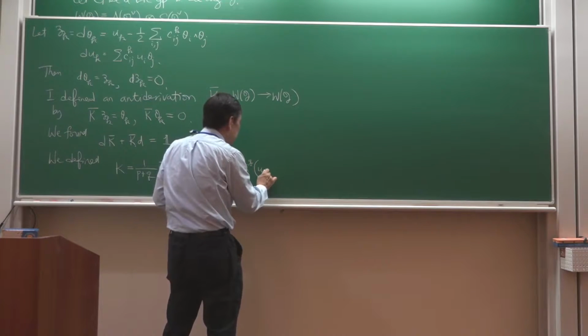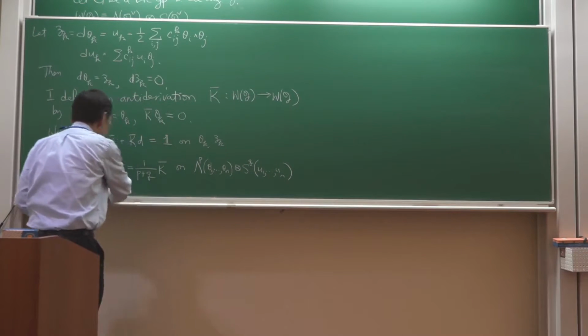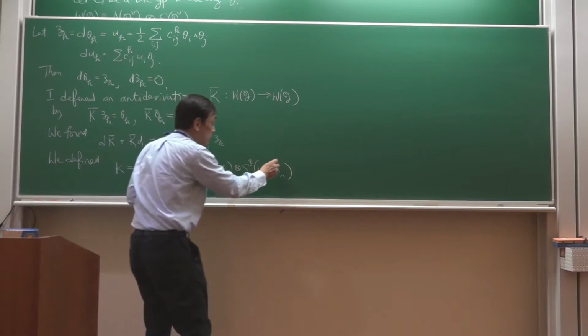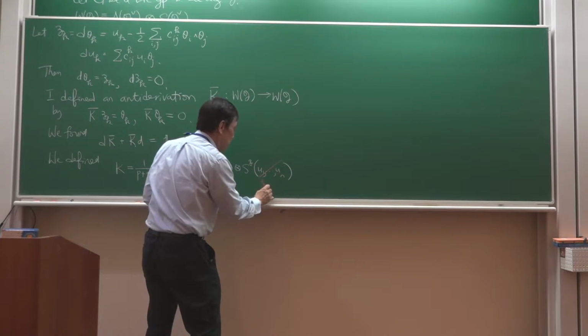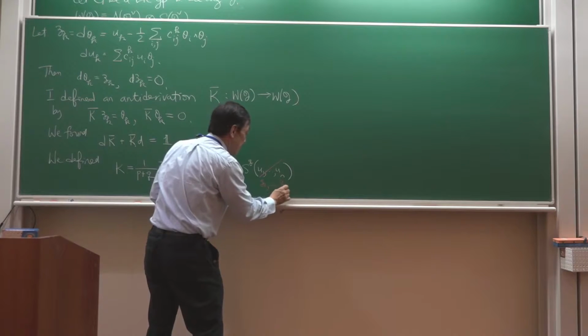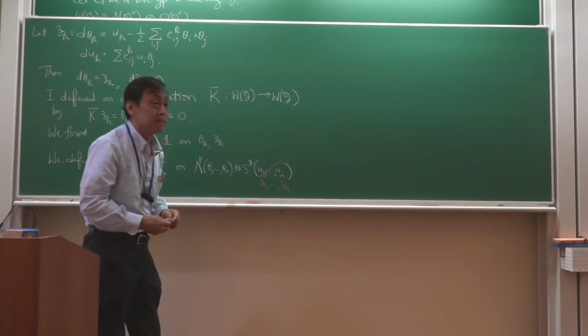I think last time this is what I did, but we have to use this new set of generators, z1 to zn. Then it's correct.